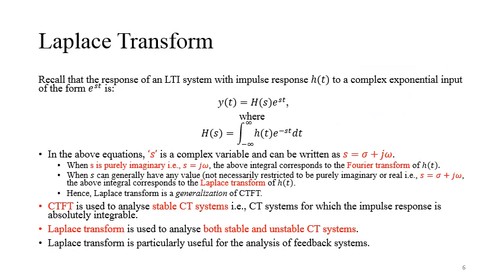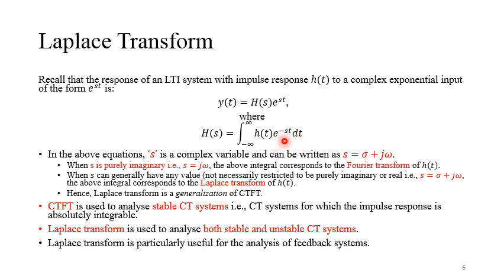So with this we start a new chapter, on the Laplace transform. If you recall, the response of an LTI system with impulse response h of t to a complex exponential input of the form e power st is given by y of t equals H of s e power st, where H of s was the integration from minus infinity to infinity of h of t e power minus st dt.